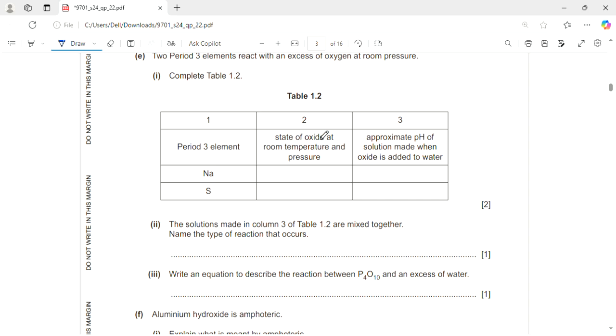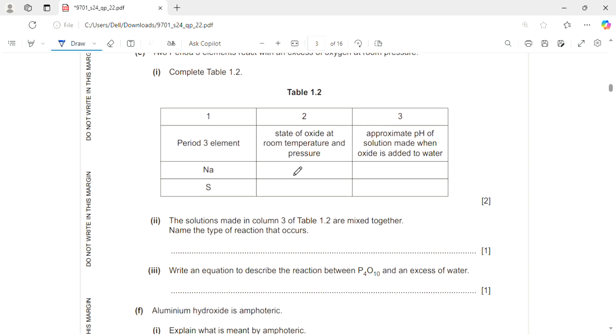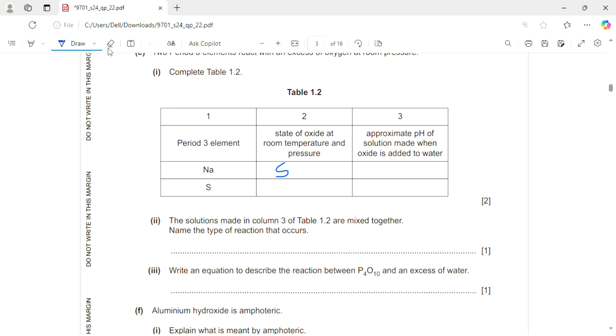State the state of the oxide at room temperature and pressure. So what is the oxide of sodium at room temperature and pressure? Of course it is solid.